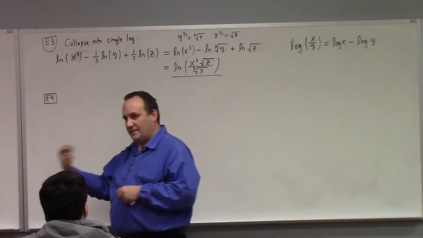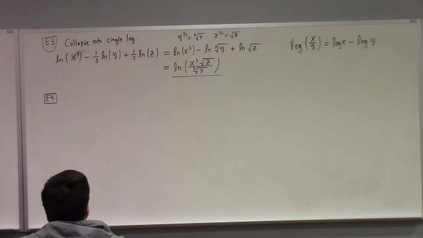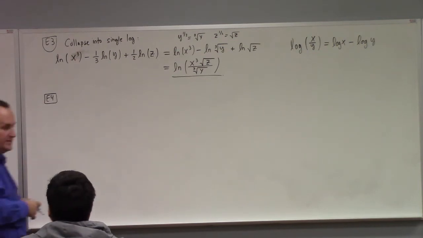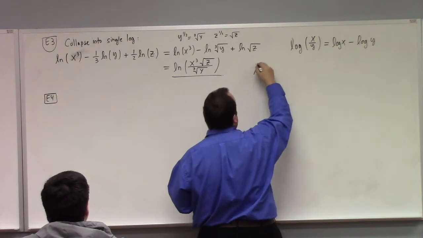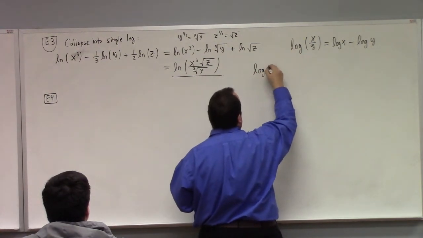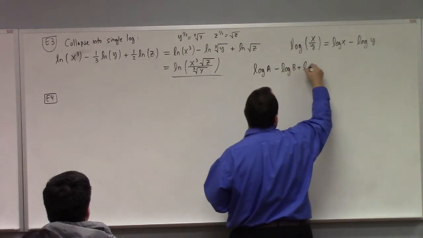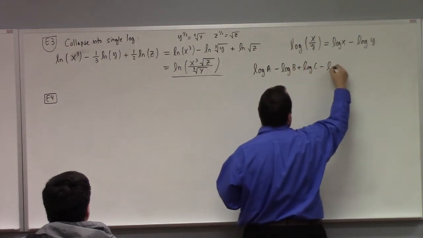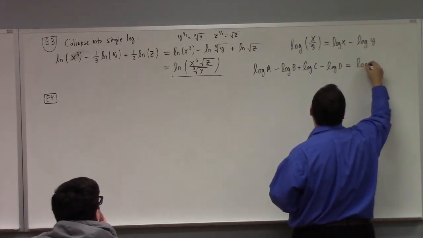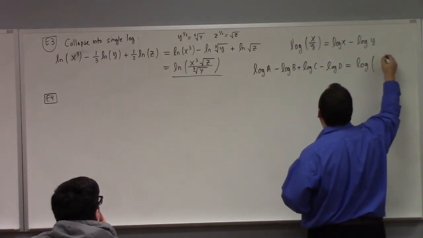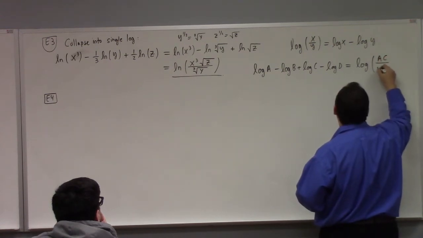And that you can apply that repeatedly if you've got multiple additions and multiple subtractions. For example, starting from the left, if I had log of a minus log of b plus log of c minus log of d, that would simplify to log of a times c over b times d.